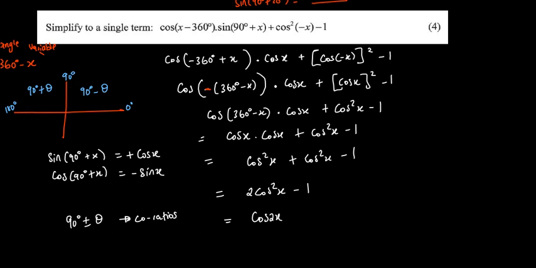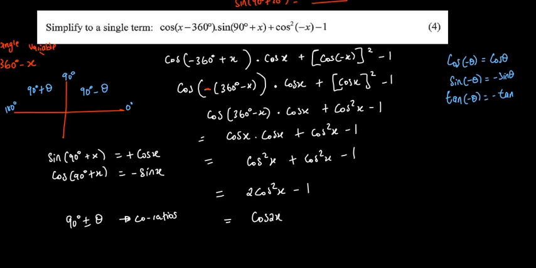Oh, okay. So when you look at inside there, you have cos minus x, which means it's a negative angle. So you must know that cos negative theta is equal to cos theta. Sine negative theta is negative sine theta. And then tan negative theta is negative tan theta.